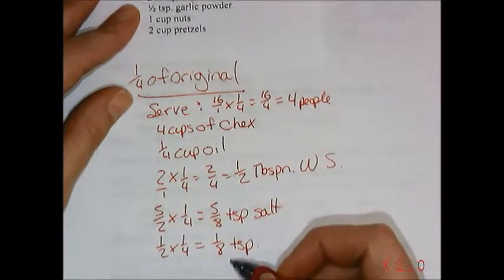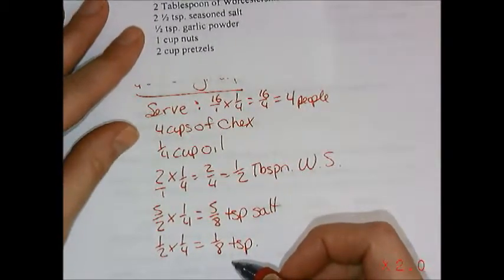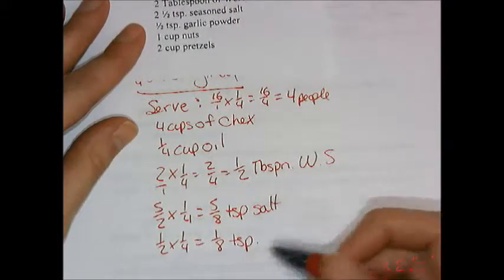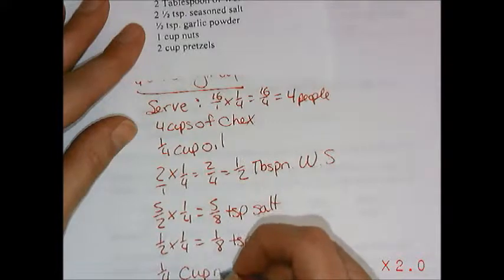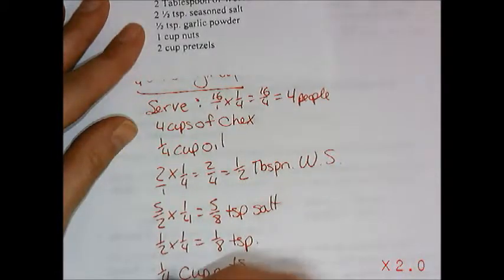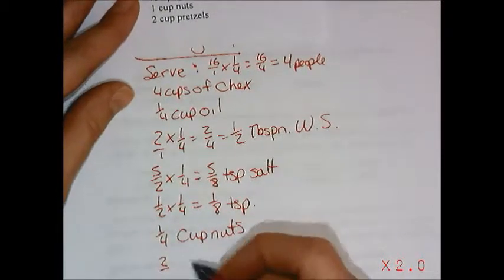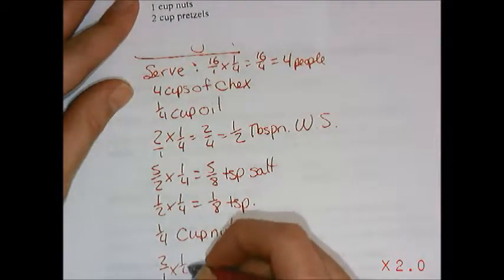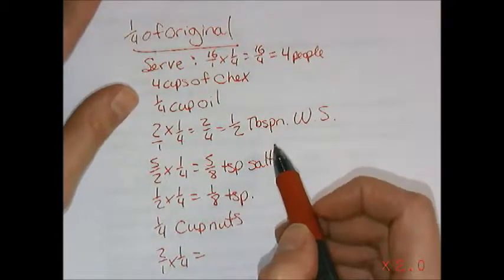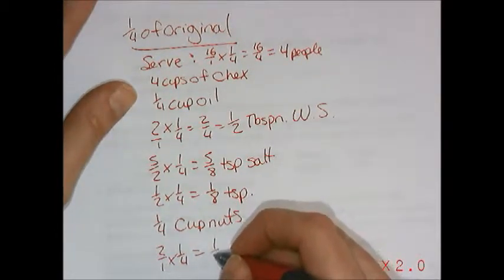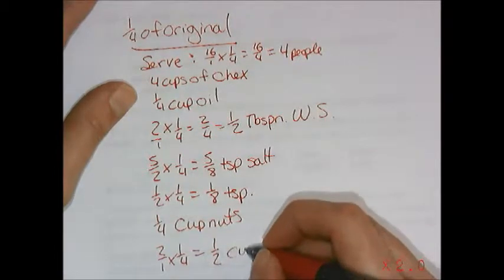And then I have 1 cup of chopped nuts, or 1 cup of nuts, and so 1 times a fourth is just a fourth. 1/4 cup. And then 2 cups of pretzels, 2 times a fourth, which I've already done when I was working with the Worcestershire sauce, is just a half a cup.